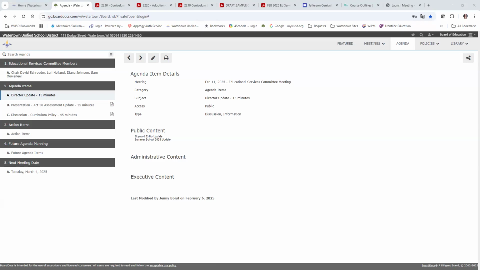And then that way we have exactly what it is that you're looking for in September, October. I do hope that the policy may help define exactly what it is that we are looking for in our summer school programming, so that we can help point Jason in the direction that we want to go. And then I also know that we're looking for an end point, but I also know that we're always looking for continual improvement. And so I don't know that we're gonna ever reach this final destination when it comes to summer school. If I know anything about Jason, he's always a reflective practitioner and always looking for improvement and growth.